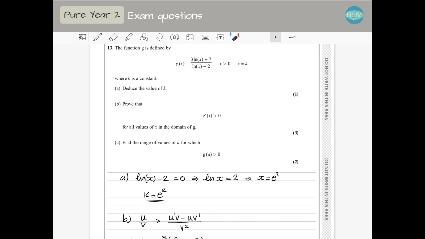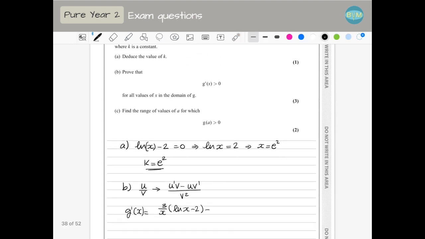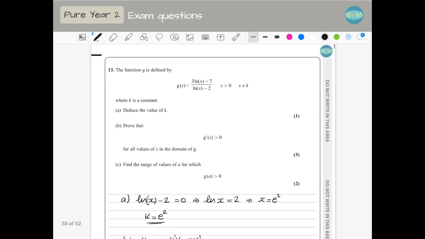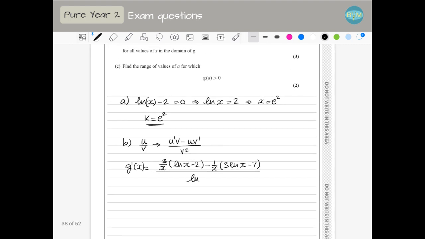So I have 1 over x. I can write it at the front or after, it doesn't matter. 3 ln x minus 7, which is the numerator, and then divided by the denominator squared, and the denominator was ln x minus 2, this squared.